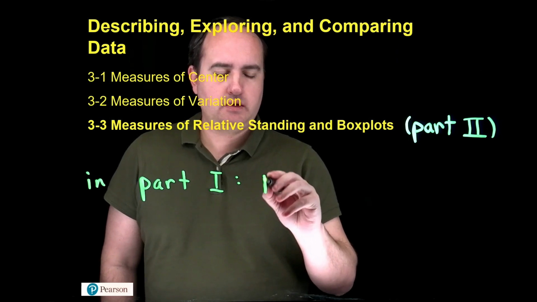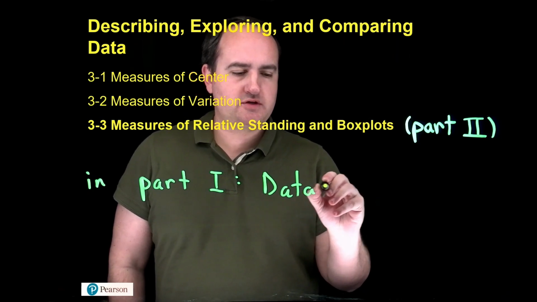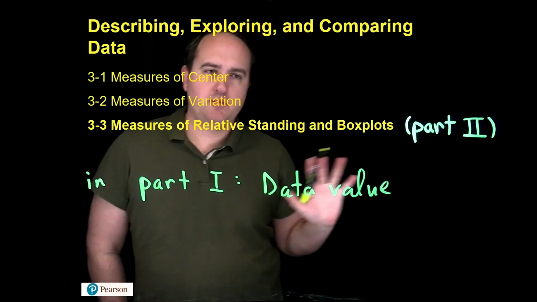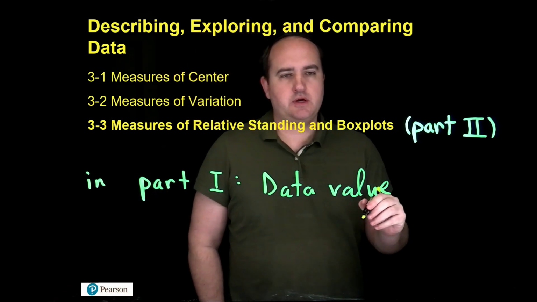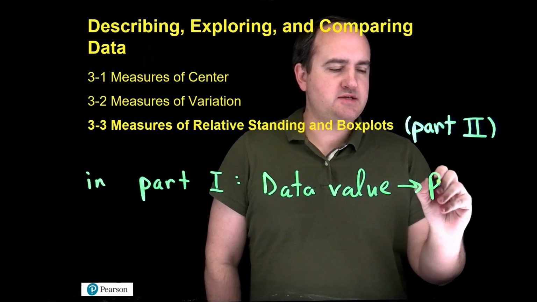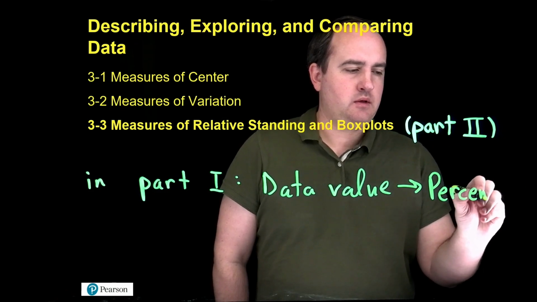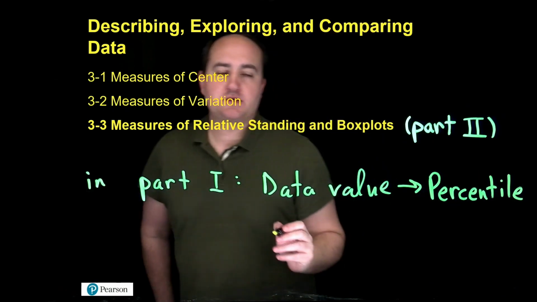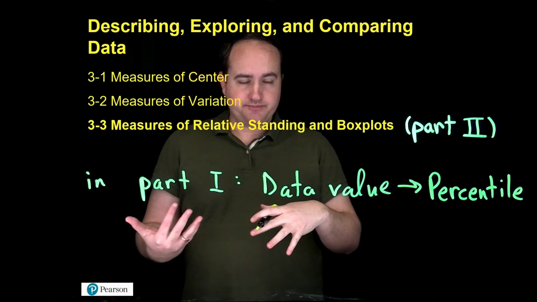We also talked about z-scores, but we aren't going to be covering any more z-scores in this video. In part 1, we went from a data value to a percentile. In this video, we're actually going to be going in the other direction.